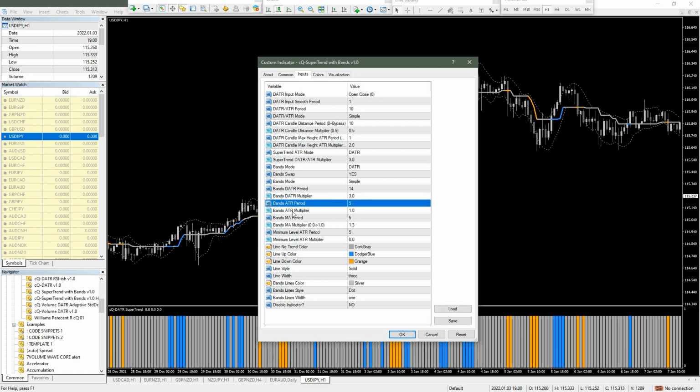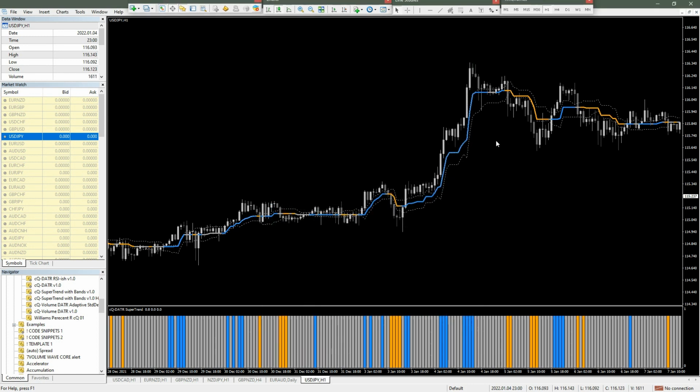So there's one for the DATR, one for the ATR, and one for the moving average. And that's what will draw these bands. You can change the mode of the bands. And then you can also swap the channels, which the band swap only works on the DATR and the moving average. Here we'll show the DATR mode.